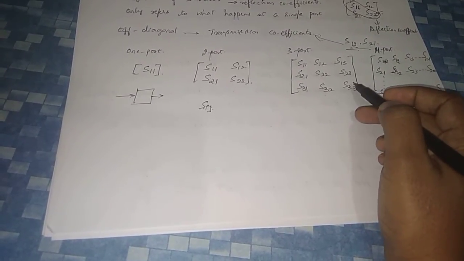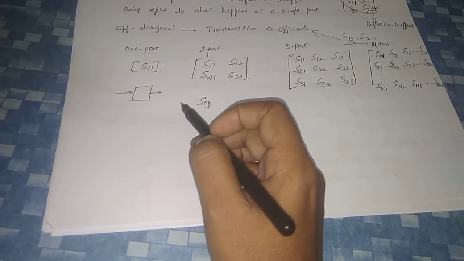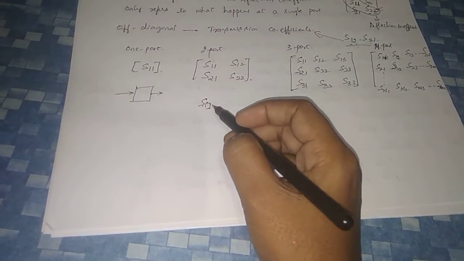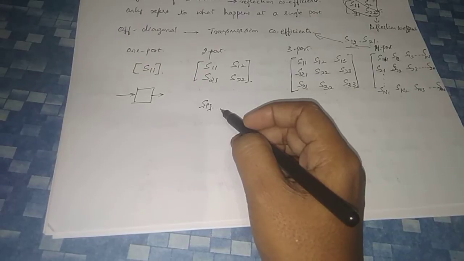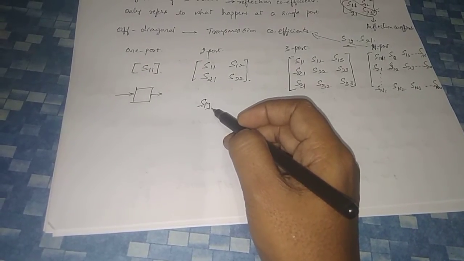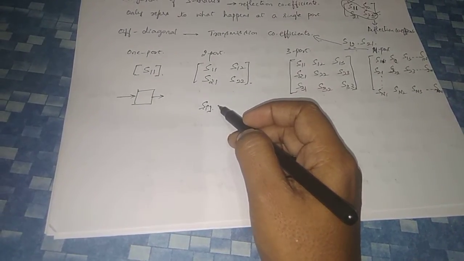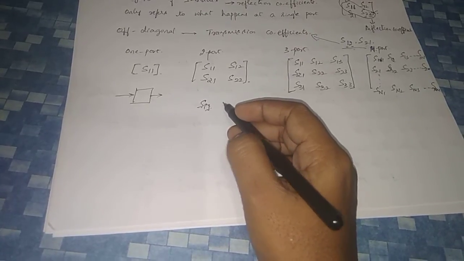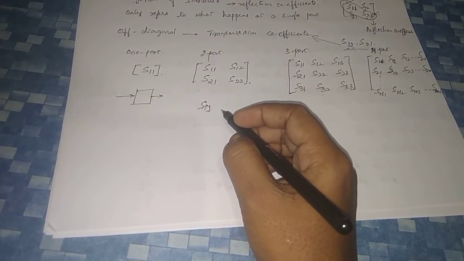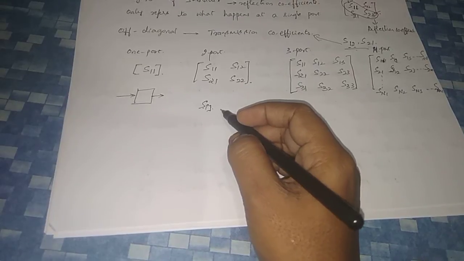The first number in the subscript refers to the responding port, while the second number refers to the incident port. Thus S21 means the response at port 2 due to a signal at port 1.